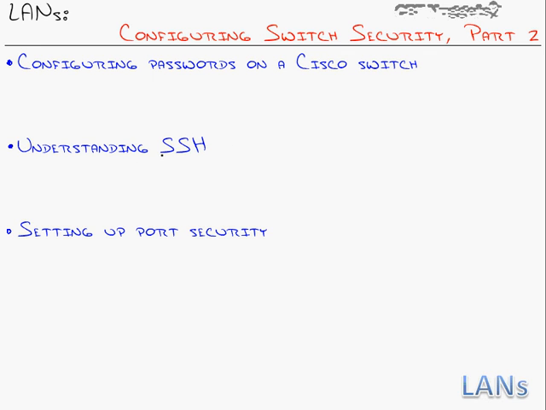We also understood SSH, that is the encrypted version of Telnet that we can use to manage our devices and is much more secure than just base Telnet usage. The last thing we did, and that's what this video was focused on, was setting up port security. By default, Cisco switches will allow as many devices as you want to attach to your switch ports. So using port security, I can lock it down and say only this number of devices are allowed and only this device based on its MAC address is allowed.